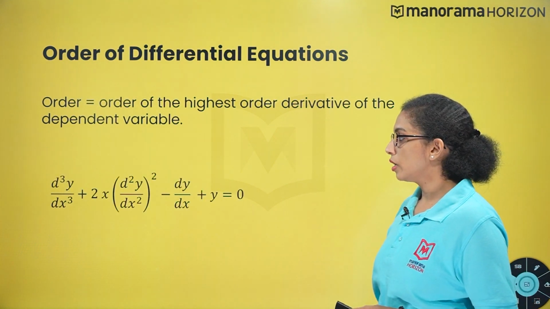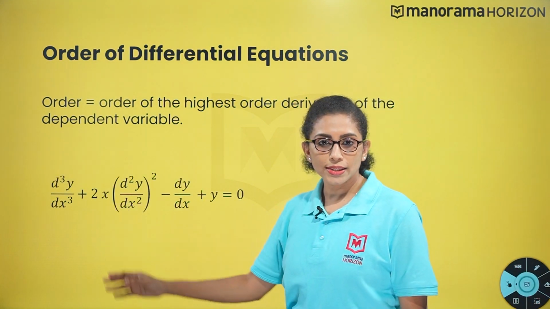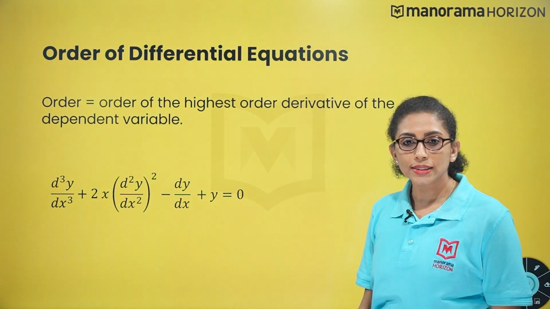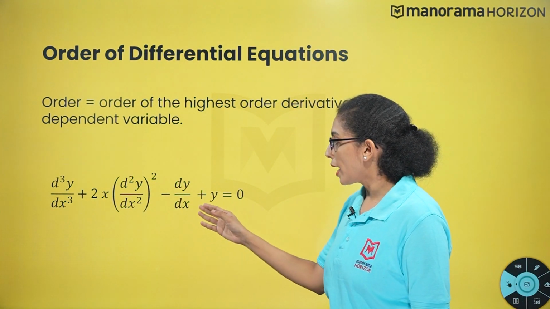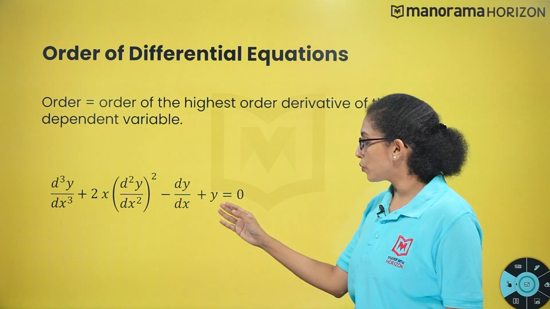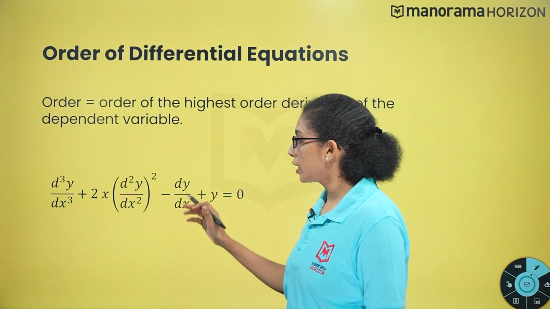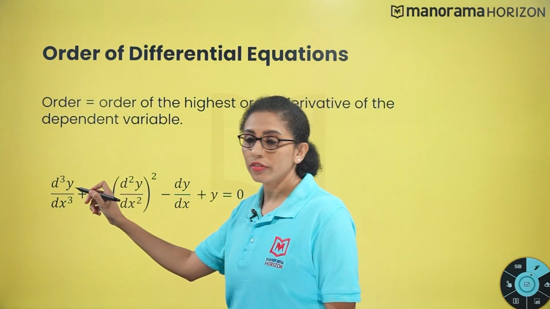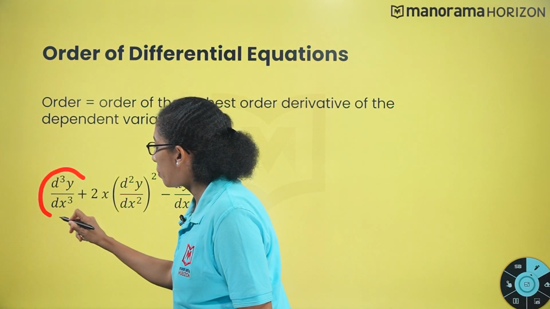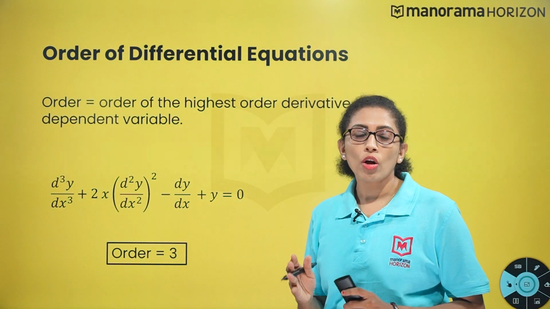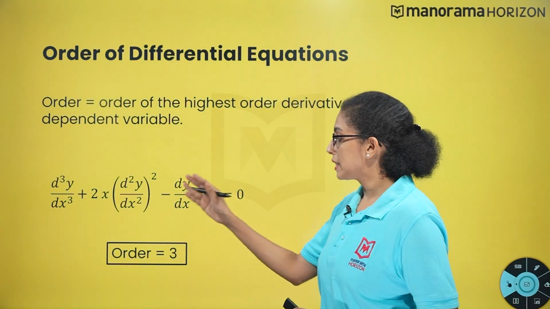For example, d cube y by dx cube plus 2x into d square y by dx square the whole square minus dy by dx plus y is equal to 0. In this question, the highest order derivative is d cube y by dx cube. So, the order of the differential equation is 3.